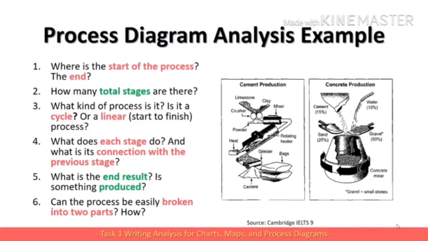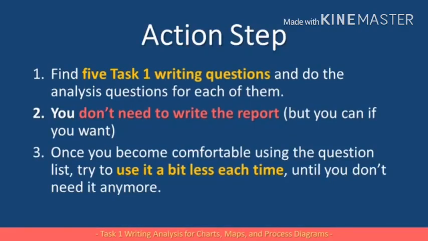All right. Did you get that? Fantastic. Your action step for today is to find 5 Task 1 writing questions and do the analysis for each of them. Just do the analysis questions. All right? You don't need to write the report. You can if you want, but you don't need to write the report for every question, but do the analysis.